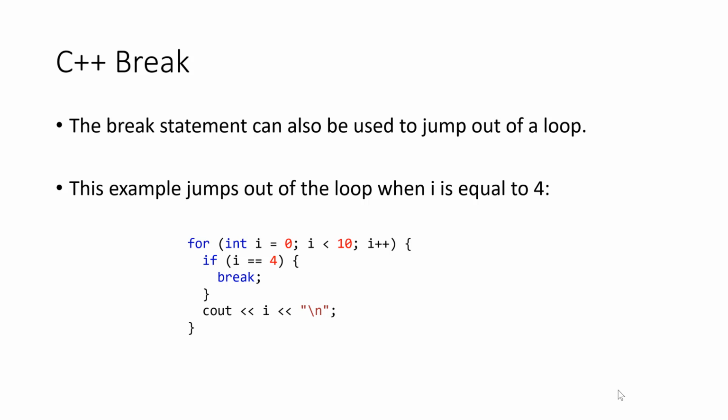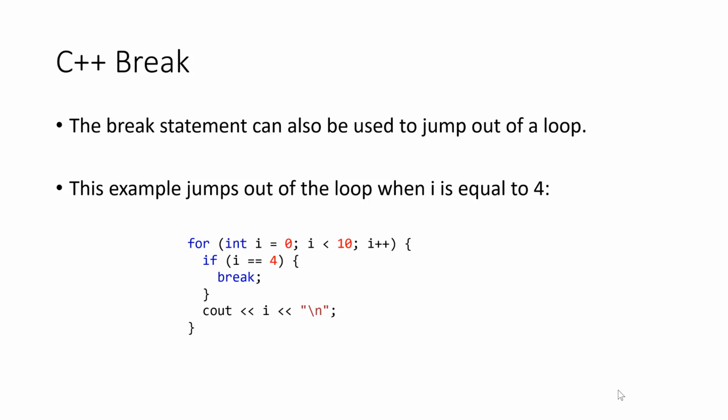What the break statement does is it breaks out of the for loop. So we are going to break out of the for loop, and the program execution continues after the statement, after the closing curly brace.